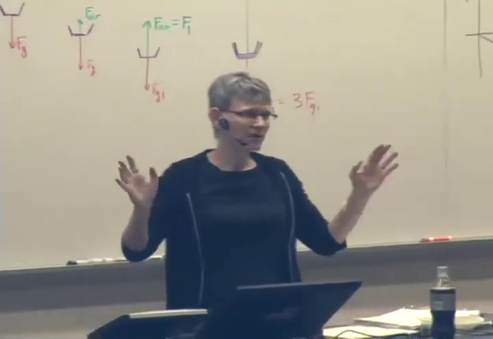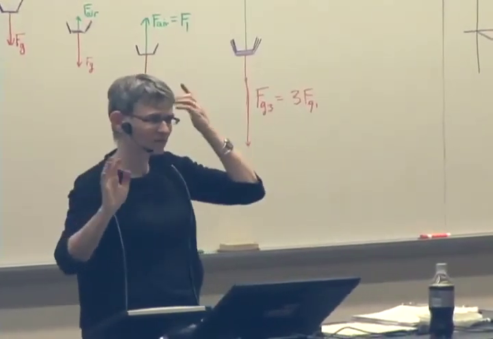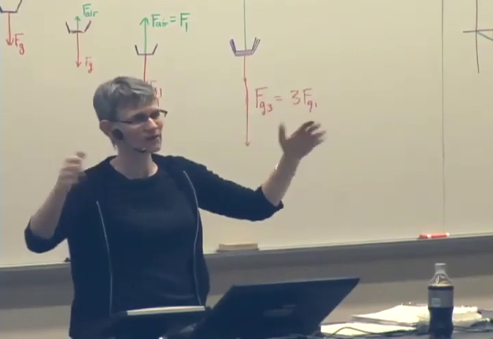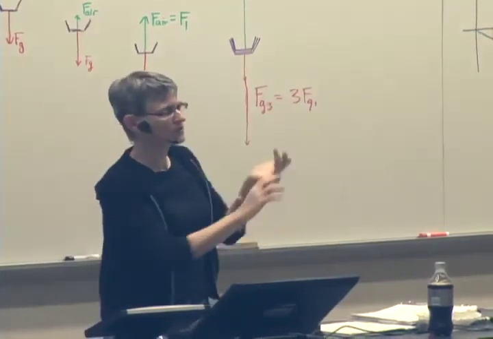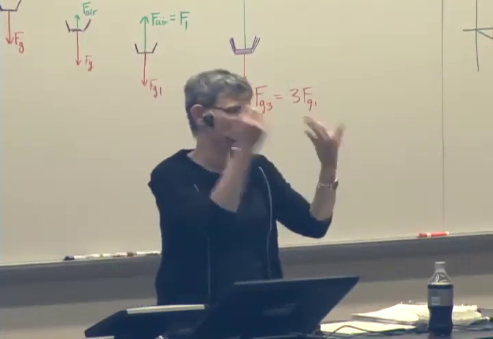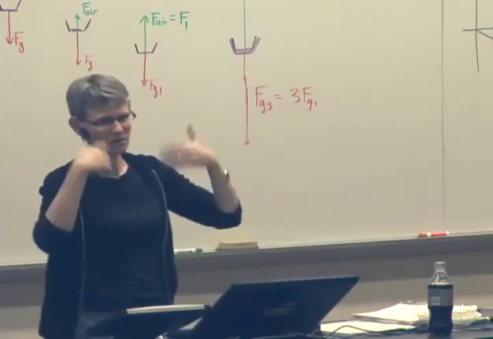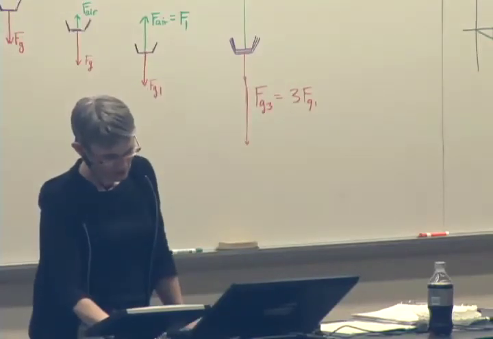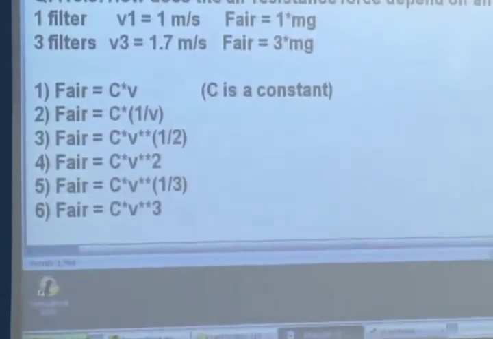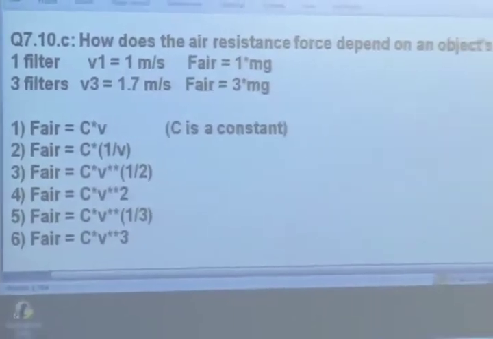Well, if we knew how fast it was going compared to how fast the initial one fell, then we could figure out whether the air resistance force was directly proportional to the speed, or the square of the speed, or the square root of the speed, or 1 over the speed. So let's take a hypothetical number, which is roughly reasonable, and see if we can figure this out.